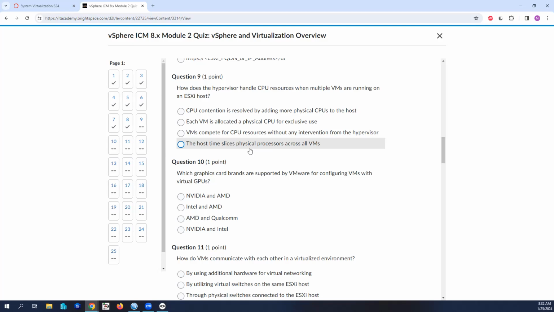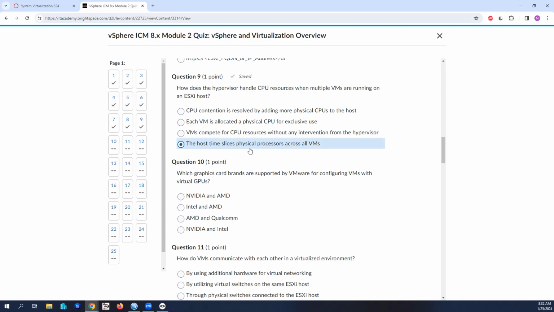So this is the hypervisor controlling the CPU going to the virtual machines. It's got to be D. The host time slices physical processors across all VMs. That probably sounds right. Let's look at the others.